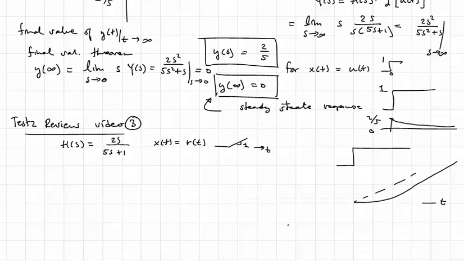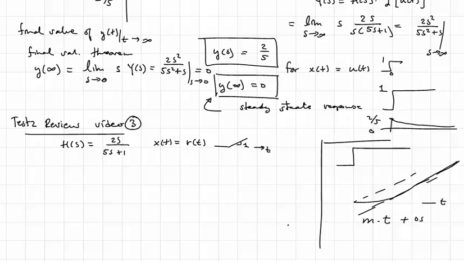In fact, it looks like some slope times time and then some offset, a negative offset, but that's what this steady state line would look like. So the steady state response wouldn't be just a constant. And in such a system, by the way, you can't determine the final value because the final value is infinite.